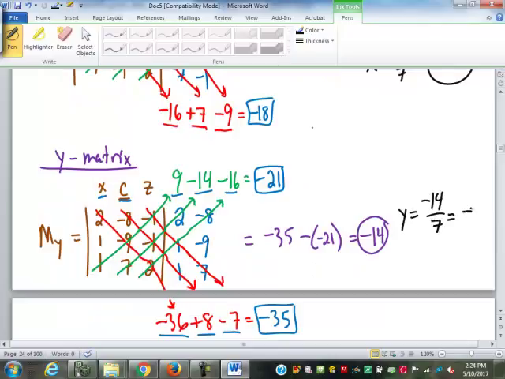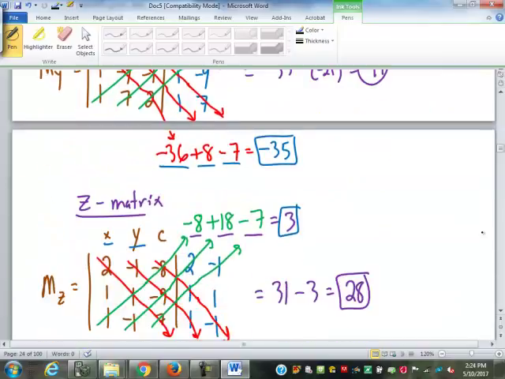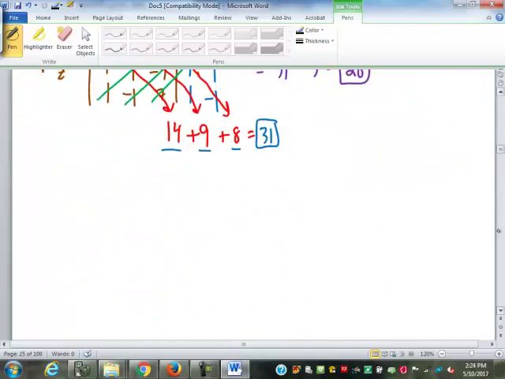Negative 14 divided by 7 is a negative 2. And for z, the value of our z matrix is 28, divided by our base is 7, gives us 4. So we have a solution here of negative 3, negative 2, and 4.